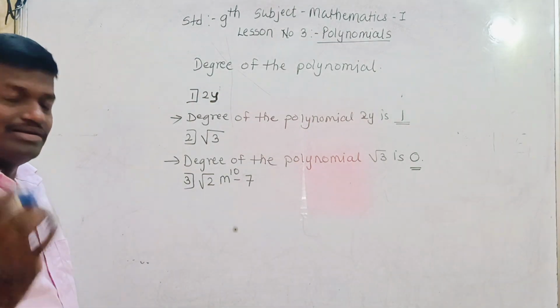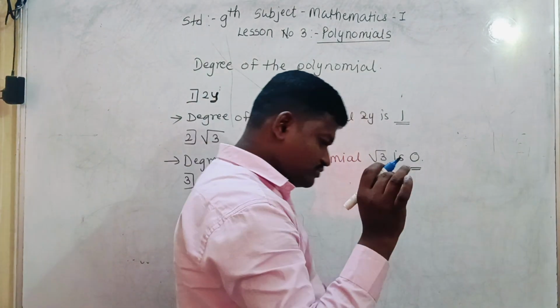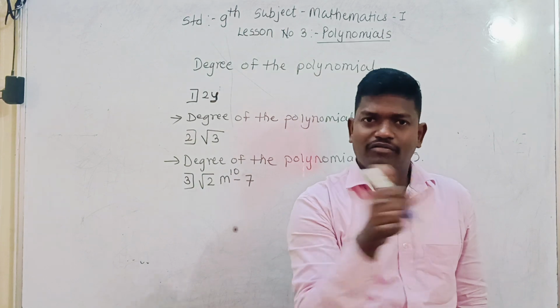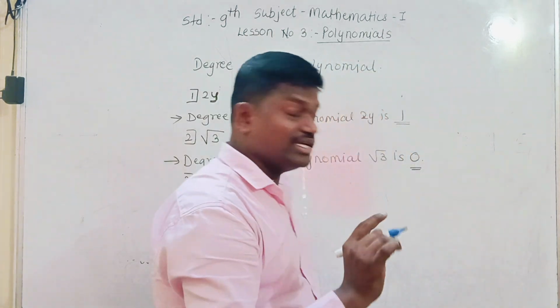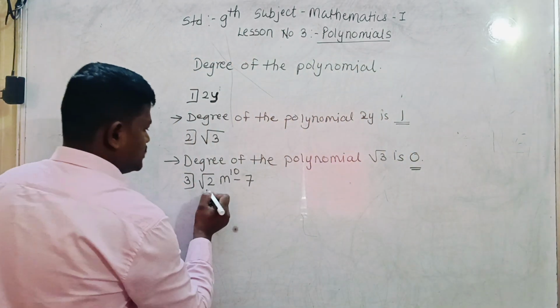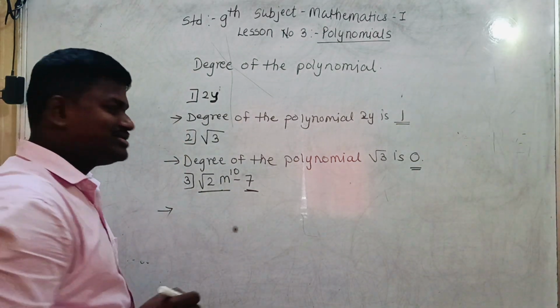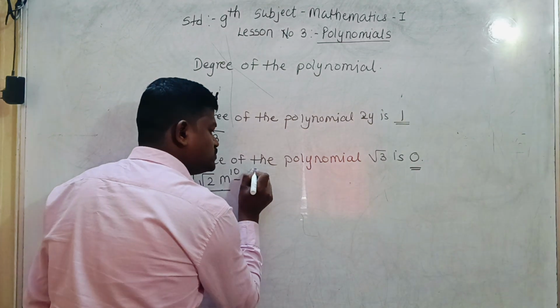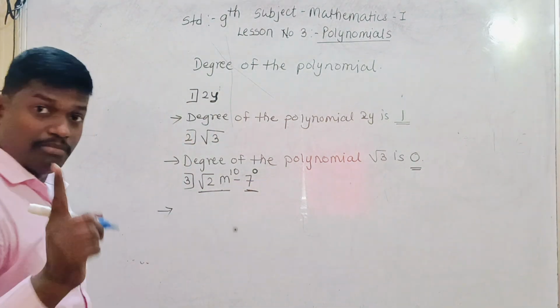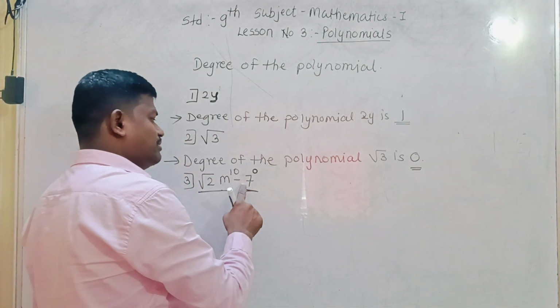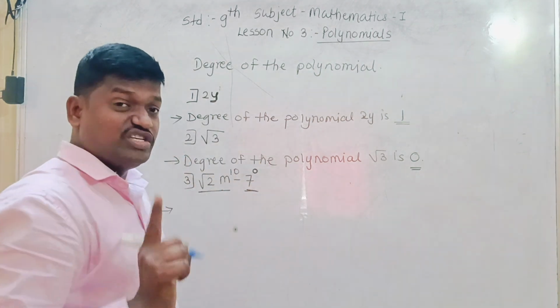Now let's take another example. See, check first all the variables' indexes or powers. See, this is the first and this is the second. Okay. For 7 we have 0 power. Only a number always has power 0.